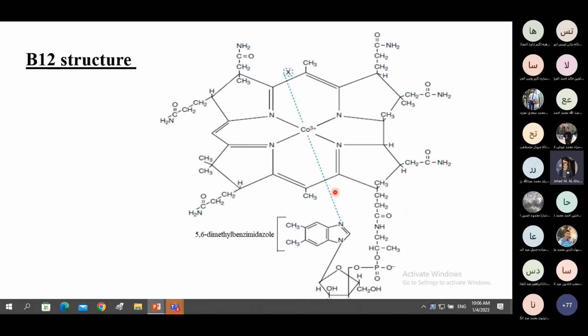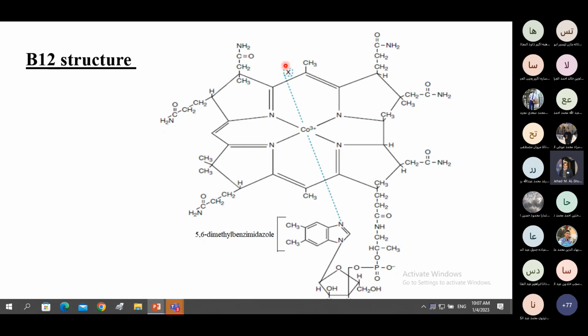The 5th bond is with this structure, 5,6-dimethylbenzyl imidazole. And the 6th is with X. X means different molecules, as we can see. This is the main structure for all B12, but X differs from one B12 to another.